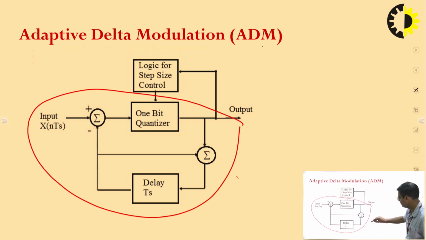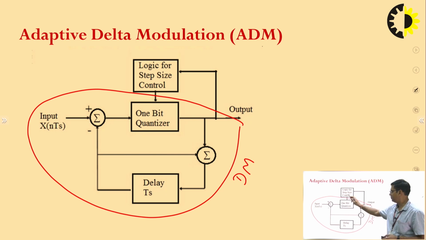Now in adaptive delta modulation, we have added another level of intelligence, that is the logic for step size control. So our step size is not fixed to delta, it may change as per our requirement.